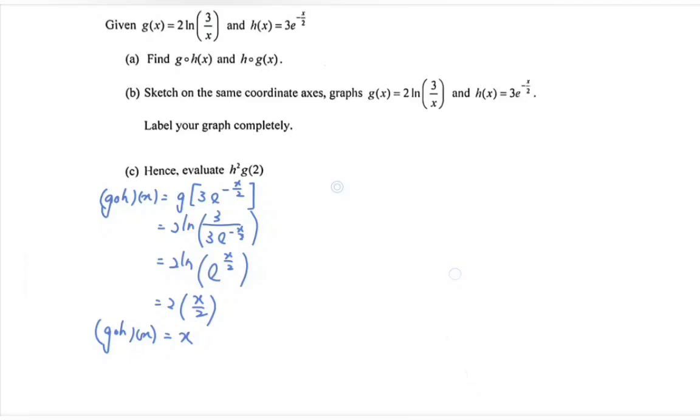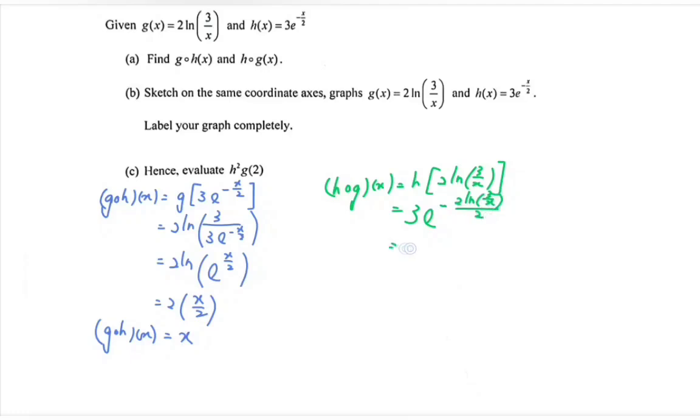Continue. We have h composed with g. So h of g. So we have 2 ln (3 over x). So if we substitute into the h, then we will have 3e to the negative (2 ln (3 over x)) over 2.